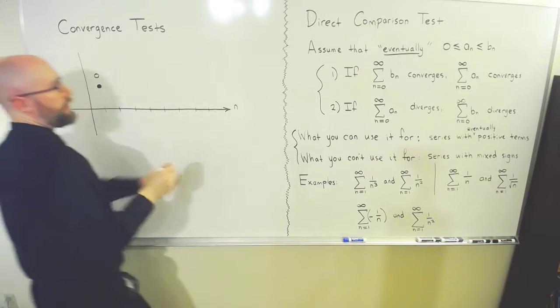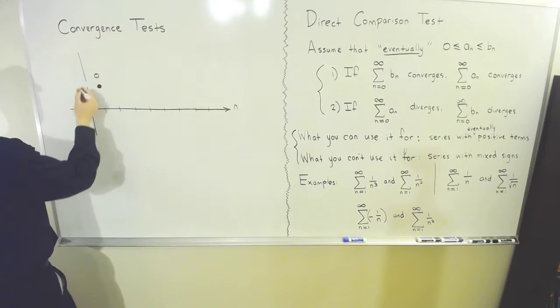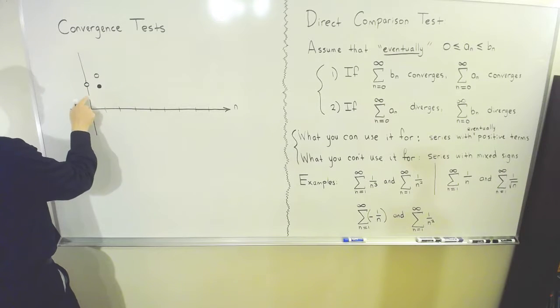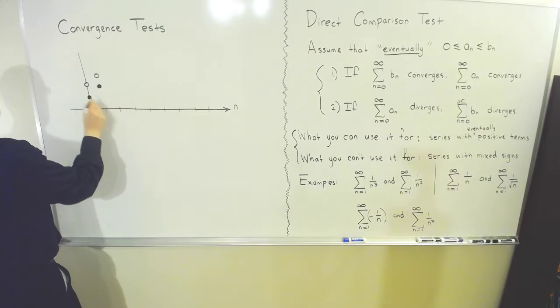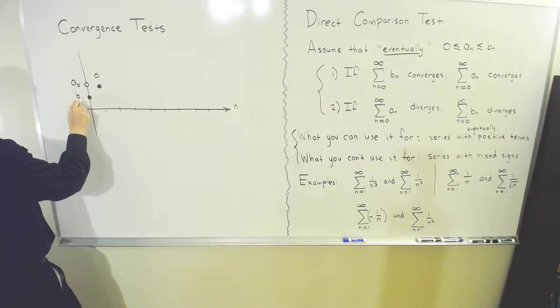Here, I started the index at 0, so I will start the index at 0 here. And this will take me a second to draw. See, this here is A0, this is B0.